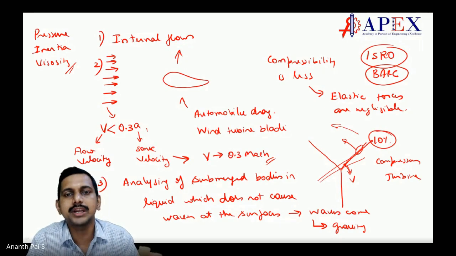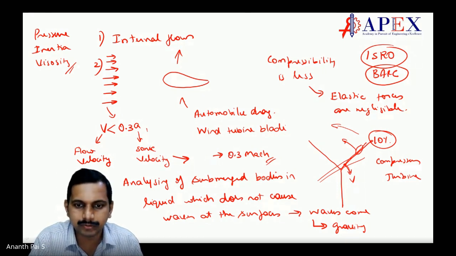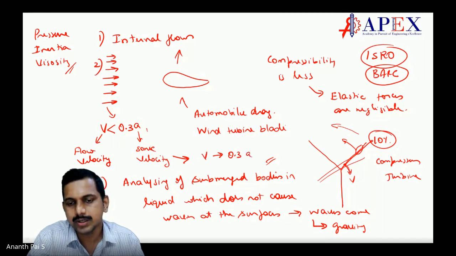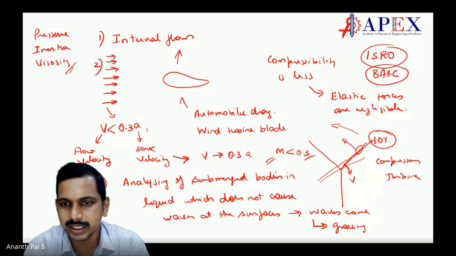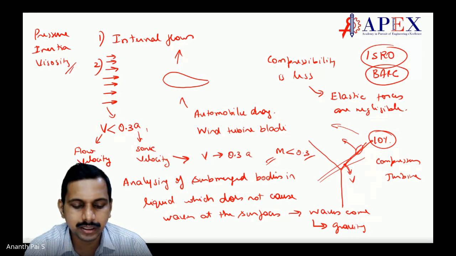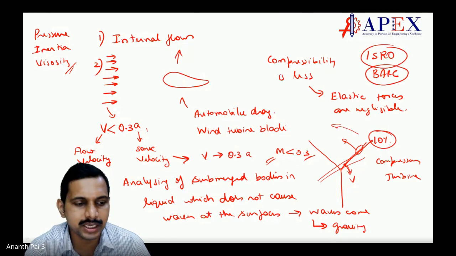When the Mach number of the flow is less than 0.3, or we can say the velocity is less than 0.3 of the sonic velocity, then the flow can be treated as incompressible. The Mach number being less than 0.3 means that until an automobile goes at 360 kilometers per hour, it is incompressible.